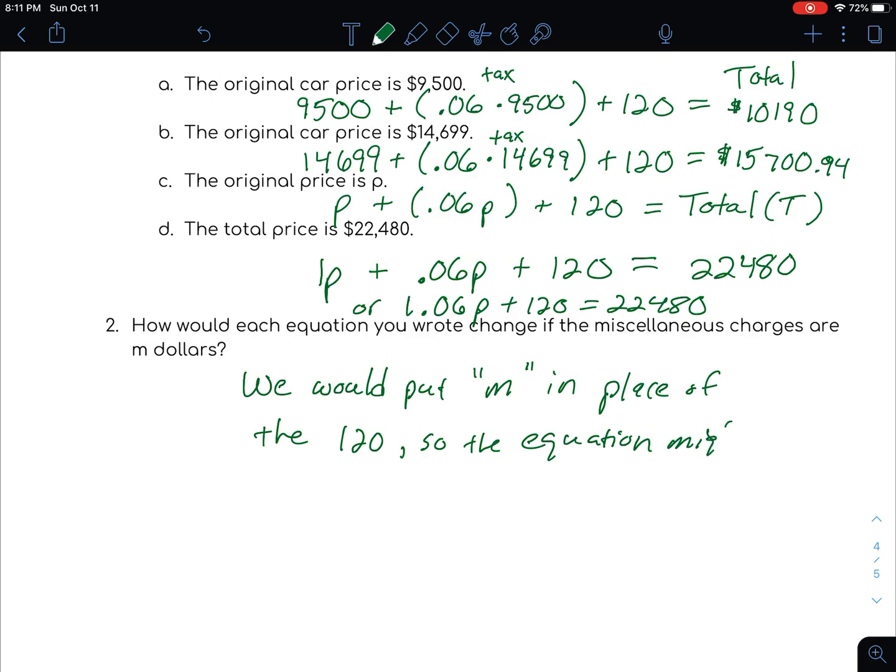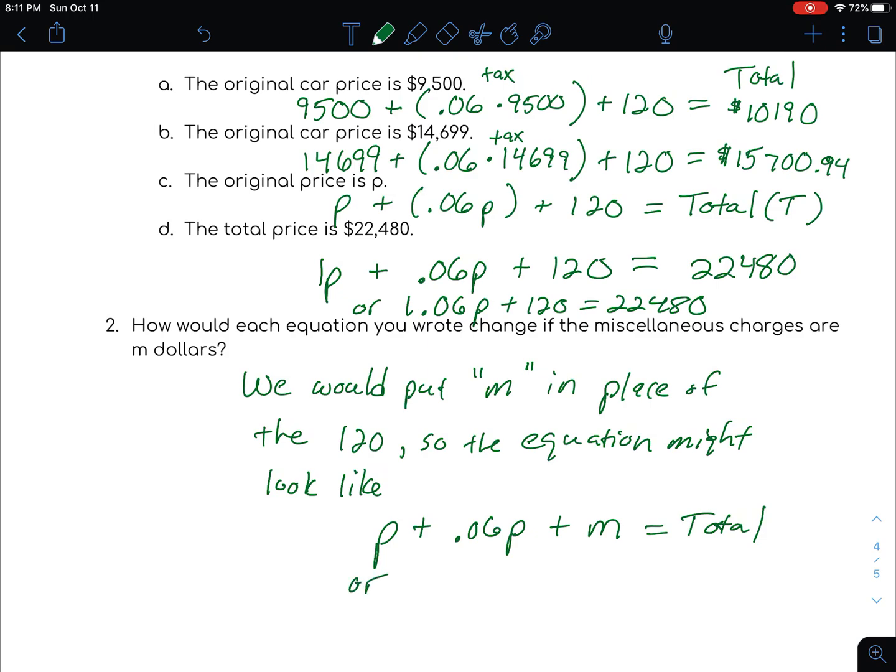So the equation might look like p plus 0.06p plus, instead of 120, m equals our total.